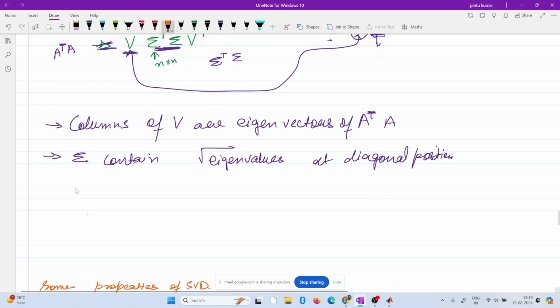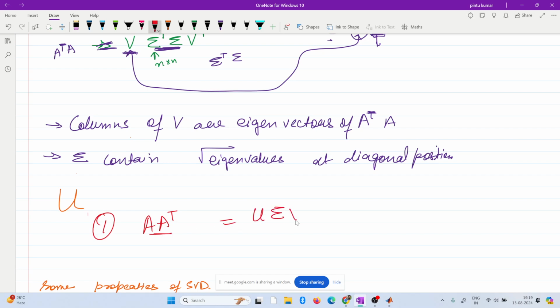There are two approaches that you can take to find U once you have obtained V and sigma. Approach one: rather than doing A transpose A, if you do A A transpose, this is U sigma V transpose times V sigma transpose U transpose, which is equivalent to U sigma sigma transpose U transpose.